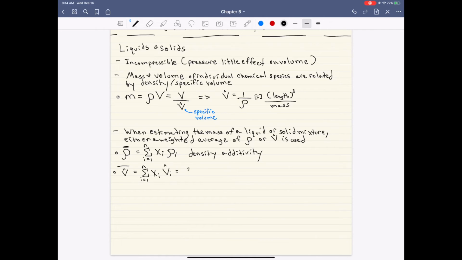Another way to write this, based on the relationship we had earlier, is it's going to be a sum of your individual mole fractions divided by their individual densities. Okay? And if you use this average to calculate the mass of the system, what you're assuming is that the system obeys volume additivity.